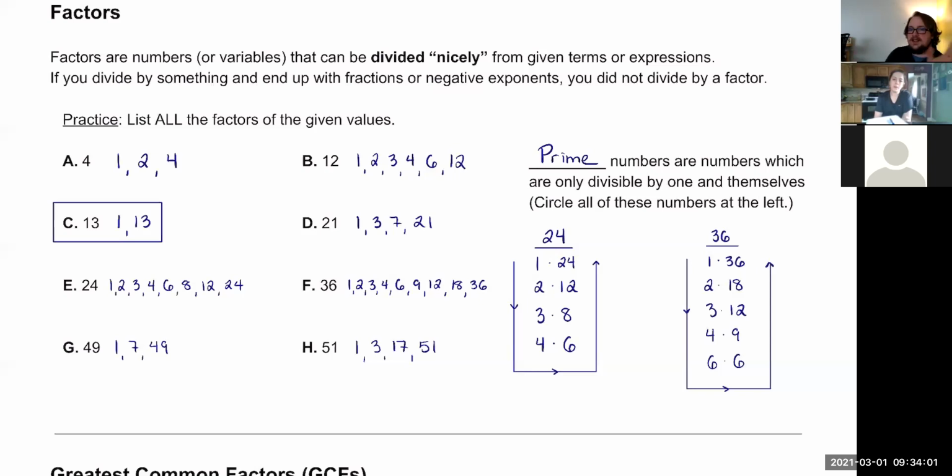So like I said, doing this by hand takes a while. So I will give you the first 100, because you will use factors quite a bit going forward as we finish up this last unit.